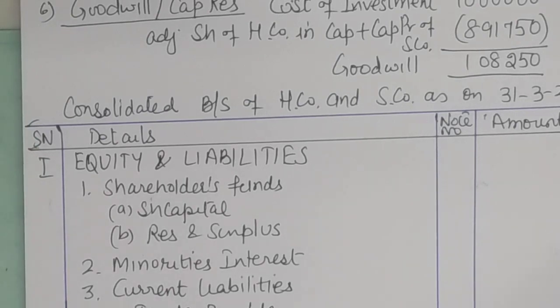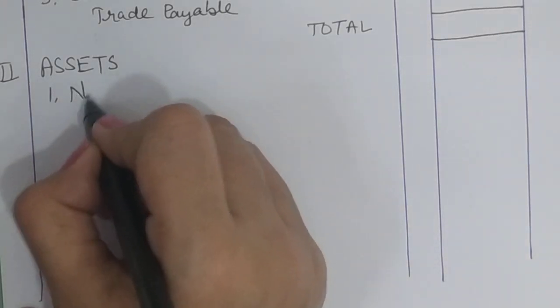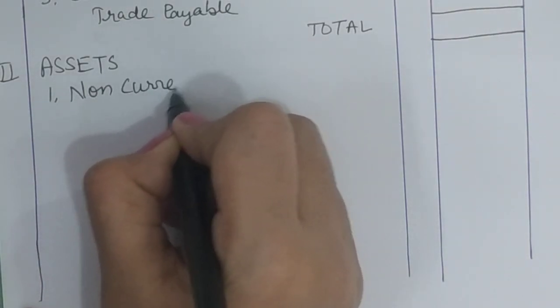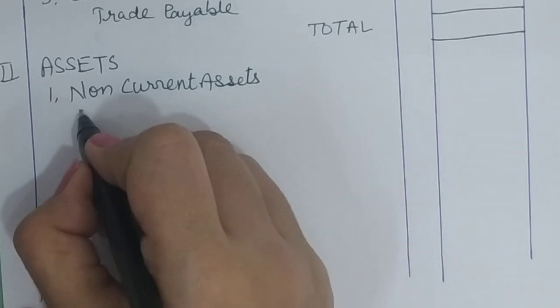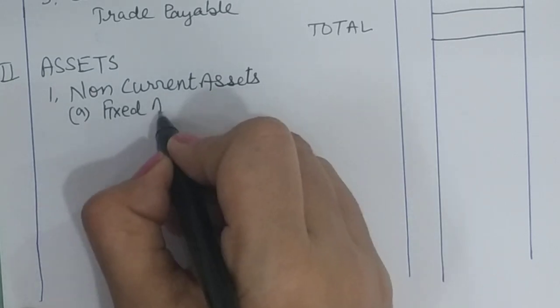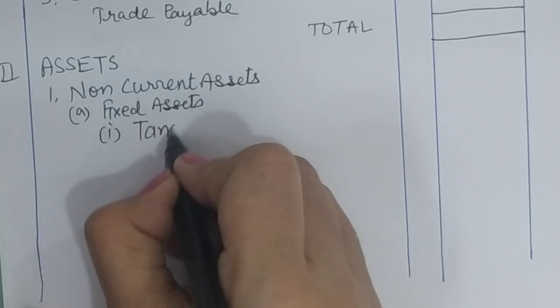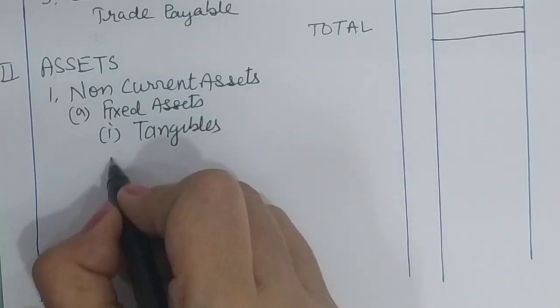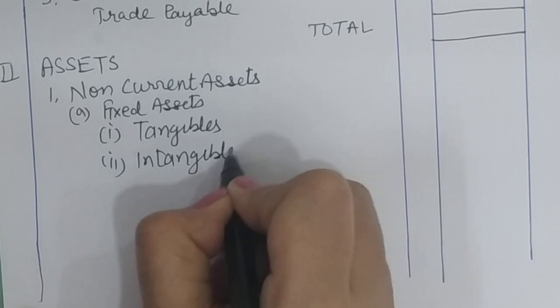Now assets include number 1, non-current assets. Non-current assets include the first subcomponent, fixed assets, which are again tangibles, and intangibles like goodwill, which we have calculated.